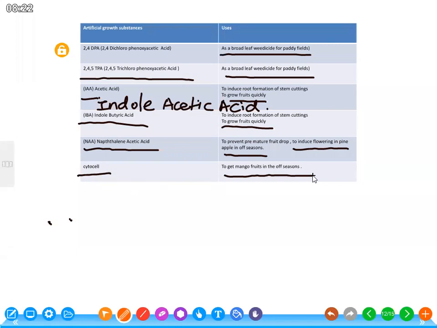So you observe these artificial growth substances and their uses. Go through this and memorize the uses of artificial growth substances.